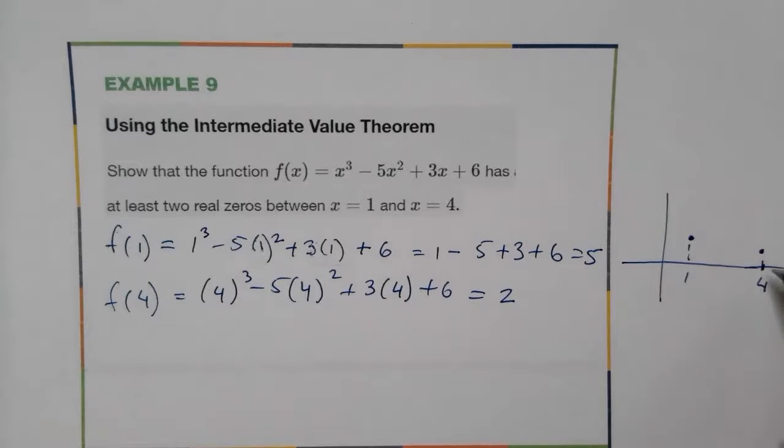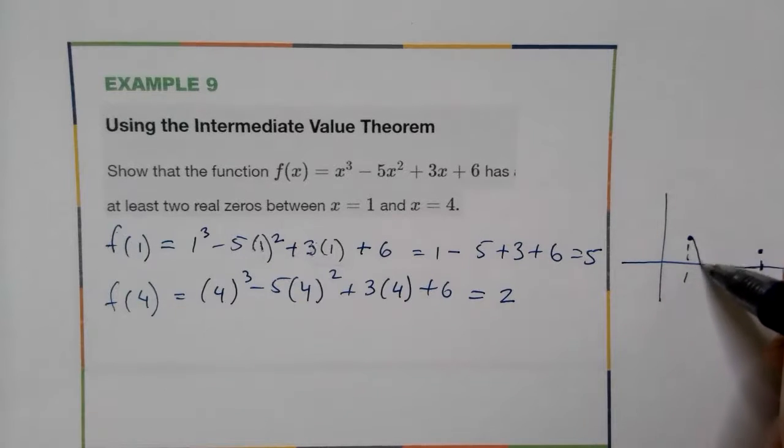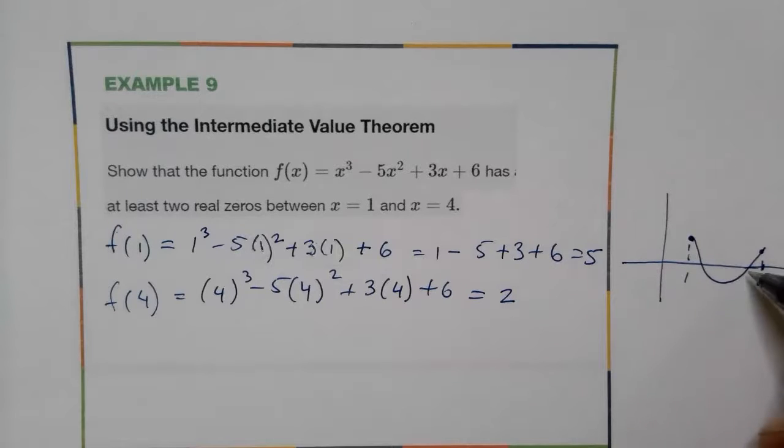So in order for the function to have 2 real zeros, it has to do something like this between 2 values. So somewhere in between 1 and 4, it should have a negative function value. So let's check some values in between. We could check whole values first, like 2 or 3.